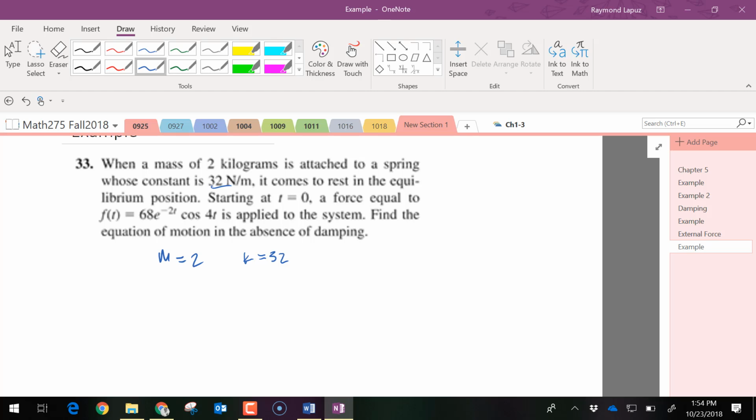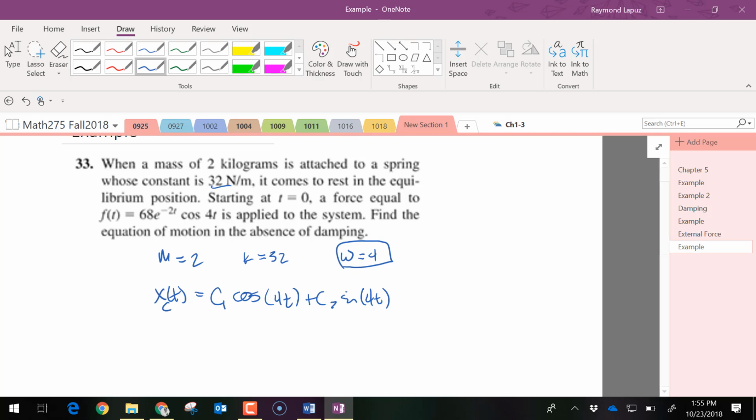That's omega squared. Omega is 4. We're halfway there. x of t, we call this the complementary solution: C1 cosine 4t plus C2 sine 4t. Yeah, that's it. We're done.